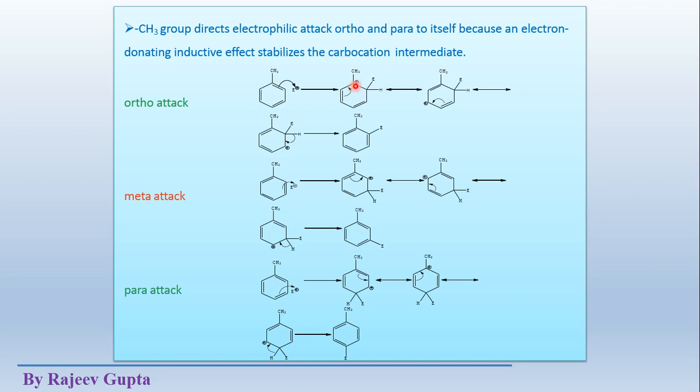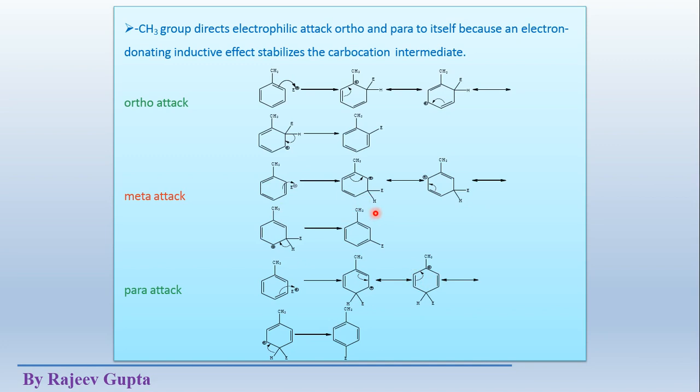This 3-degree carbocation is also in conjugation with these 4 pi electrons. Now see, in para attack we get one resonating structure where this 3-degree carbocation is present, in conjugation with these 4 pi electrons.